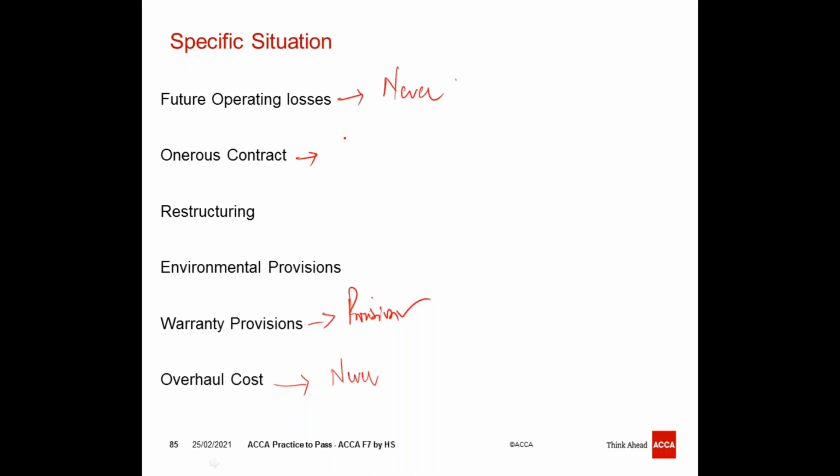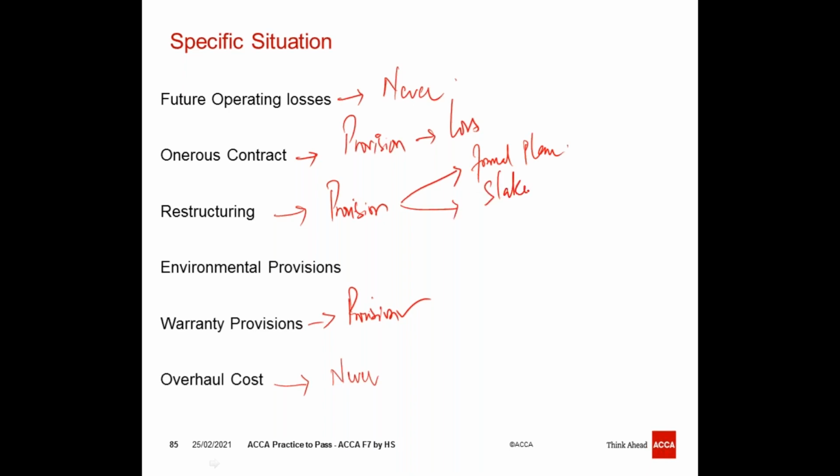For onerous contracts, we recognize the provision, but with the amount of loss. For restructuring, we recognize the provision only when two criteria are satisfied. First, there must be a formal plan for the restructuring, and the plan should be communicated to all stakeholders. Environmental provision is made only when you do the environmental damage.